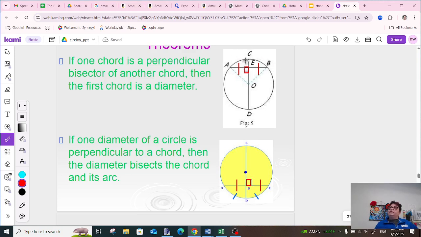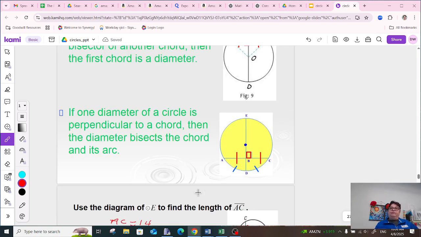Well, if this is the diameter, it cuts this chord in half and it cuts that large arc in half. So AC's measure is going to be equal to CB also. Okay? Let's see how we apply this.